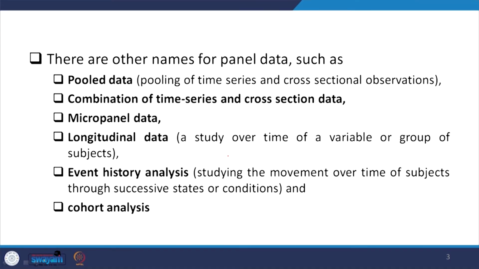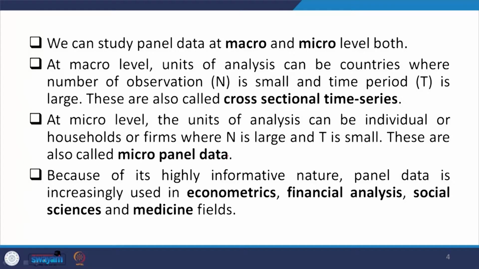Generally the time aspect is very variable in case of longitudinal data. And another one is called event history analysis, especially when we study the movement over time of subjects through successive states or conditions. And the last name of panel data analysis is cohort analysis as well.